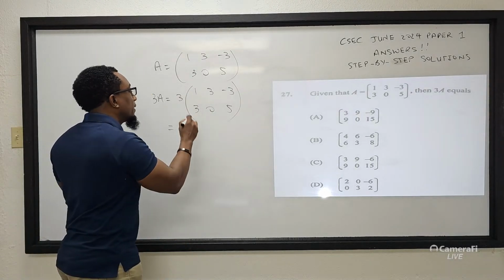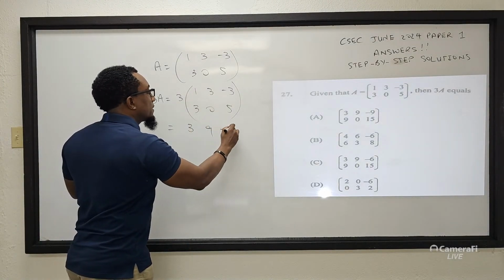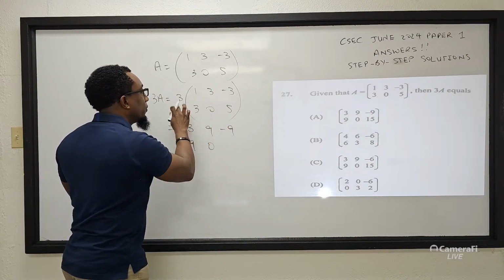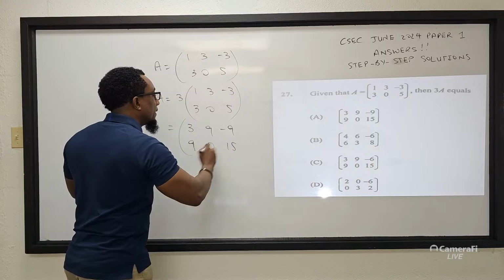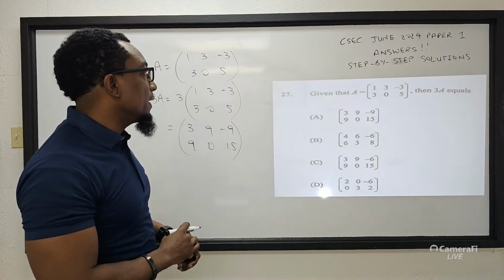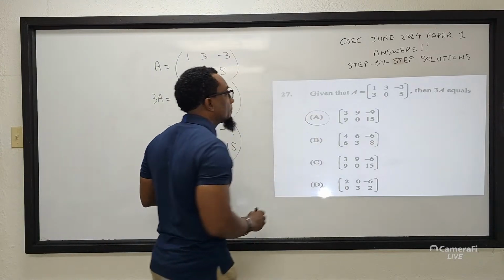So 3 by 1 is 3, 3 by 3 is 9, 3 by negative 3 is negative 9, 3 by 3 is 9, 3 by 0 is 0, 3 by 5 is 15. So the answer for 3A, 3, 9, negative 9, 9, 0, 15, will be E.